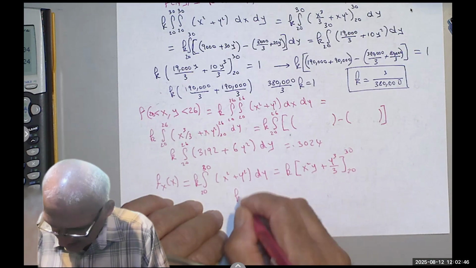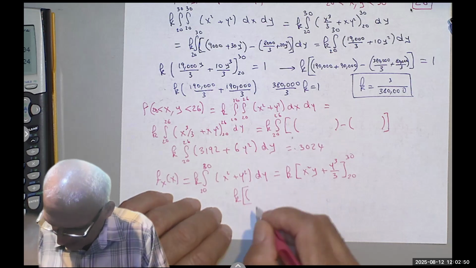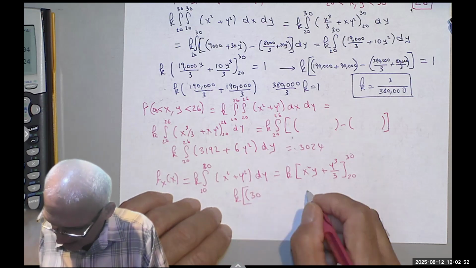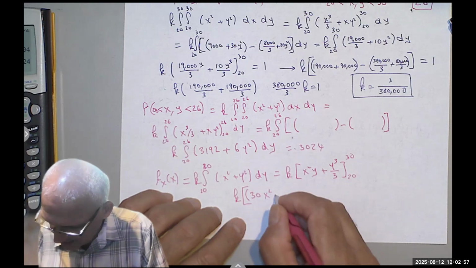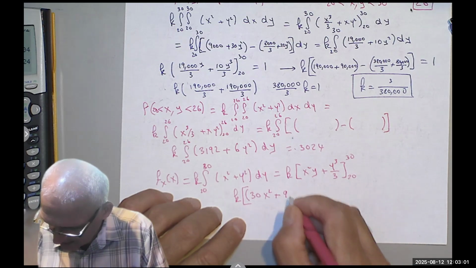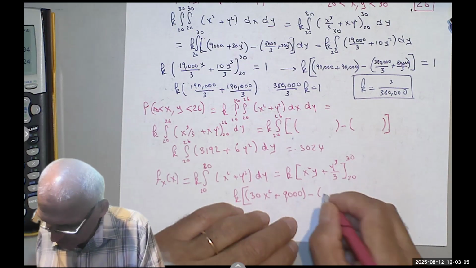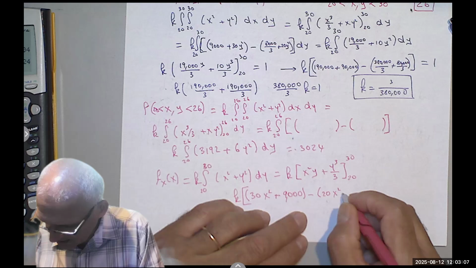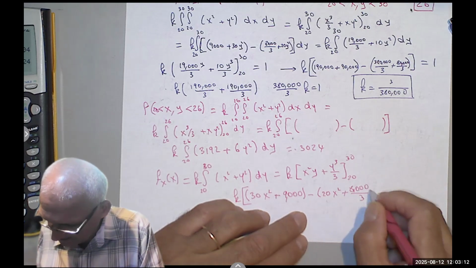So you get k times 30x squared plus 9,000 minus 20x squared plus 8,000 over 3.